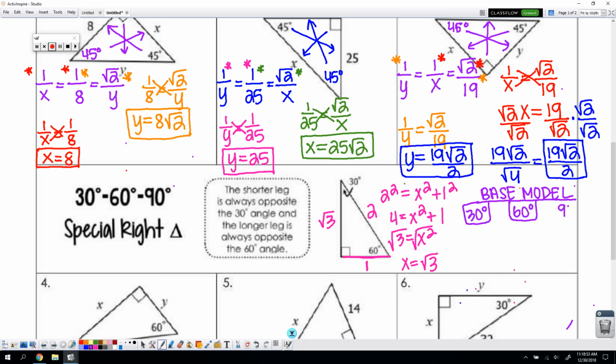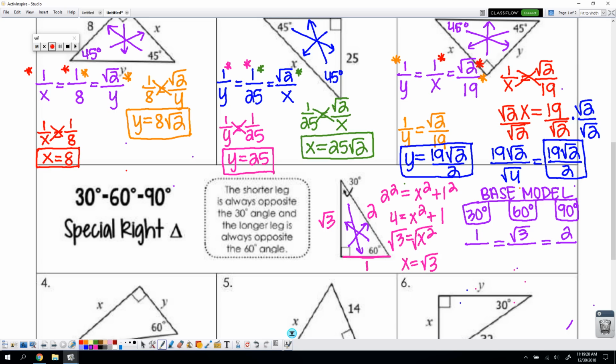Now we have a 90-degree angle. Across from my 30 is the smallest number, which is 1. Across from my 60-degree angle is my middle size number, which is the square root of 3. And across from my biggest angle is the biggest number, which is 2.